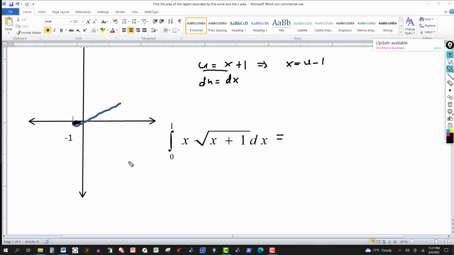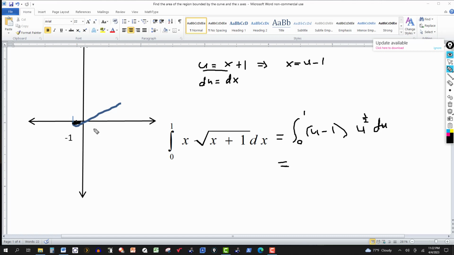Now I have the limits from 0 to 1, and this is transformed to the variable u instead of x. The substitution x is u minus 1, and x plus 1 is u, and instead of a radical, I'm going to use the fractional exponent 1/2. And then we just multiply through.